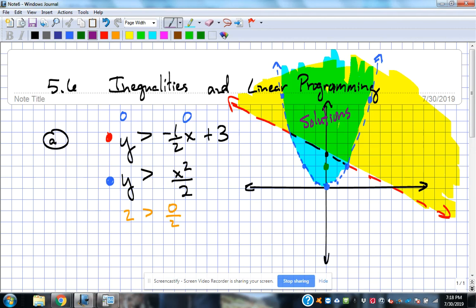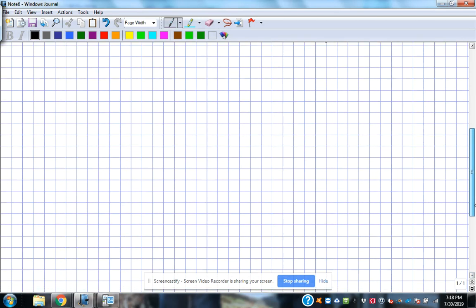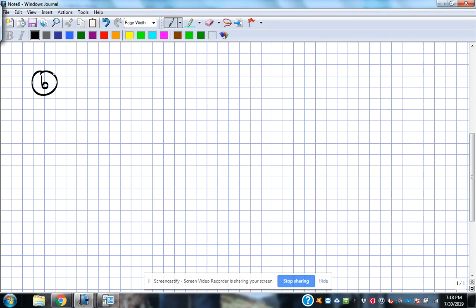Let's do this. Yeah, I think I got room right there. Let's say we had y is less than or equal to 3x plus 5, and then y is greater than or equal to the absolute value of x, and then a plus 1 on the outside.